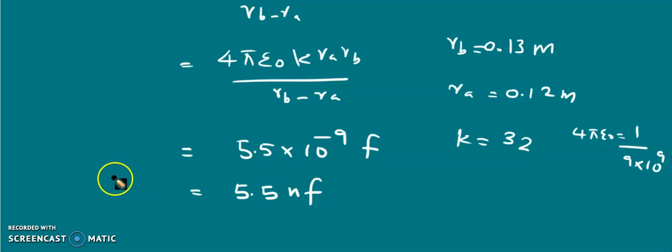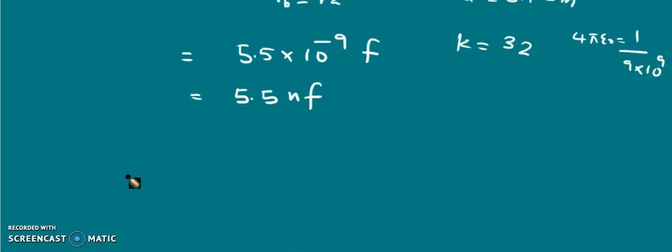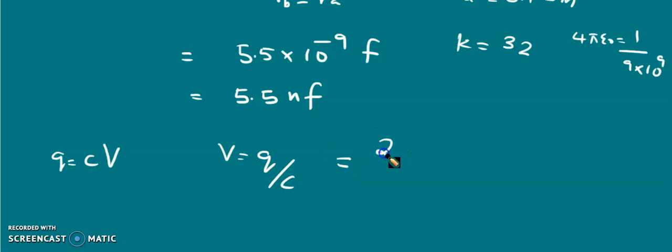Now we have found the capacitance. The second part is, what is the potential of the inner sphere? The potential can be easily calculated: we know that Q equal to CV, and therefore V is equal to Q by C. The charge given is 2.5 microcoulomb, that is 2.5 into 10 to the power minus 6 coulombs, divided by the capacitance in SI units, 5.5 into 10 to the power minus 9.